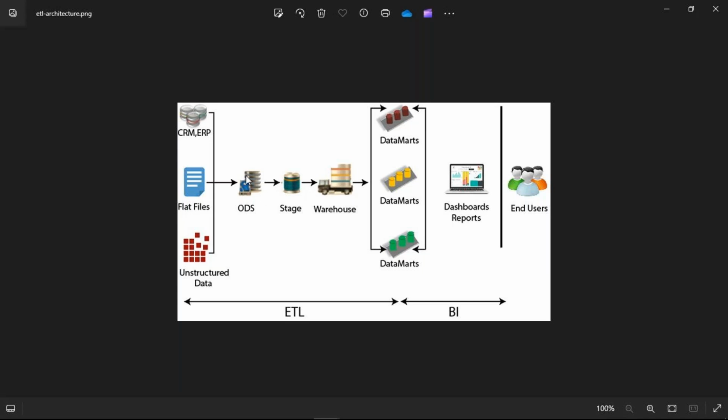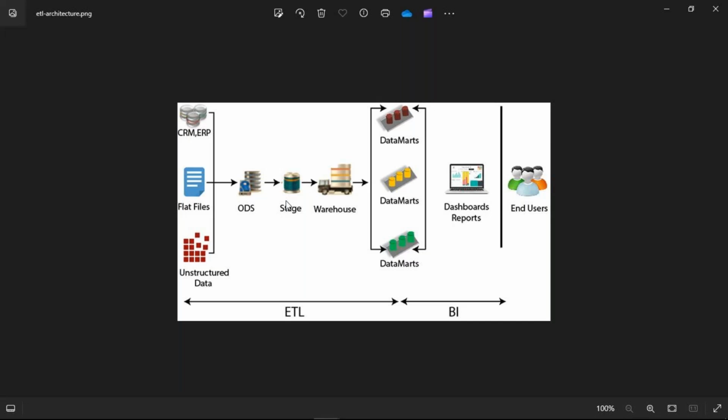Only big organizations can afford an ODS, so this is not a mandatory stage in ETL. Then we'll move this data to staging. What is a staging area? A staging area is nothing but a landing area, a landing zone, where our data will come and land. Why is this staging required?